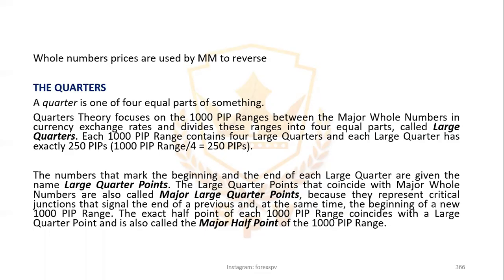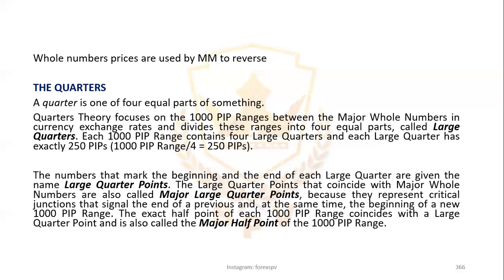So basically, a quarter is one of 4 equal parts of something, and quota theory divides 1,000 pip ranges into 4 equal parts, where each would contain 250 pips, and we call them large quarters. So each large quarter will contain 250 pips, and the numbers that mark the beginning and end of each large quarter are given the name large quarter points.